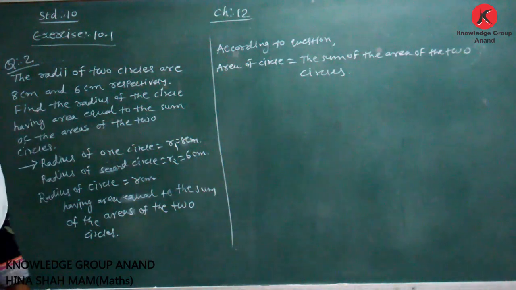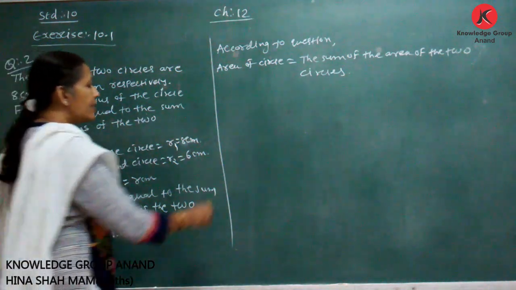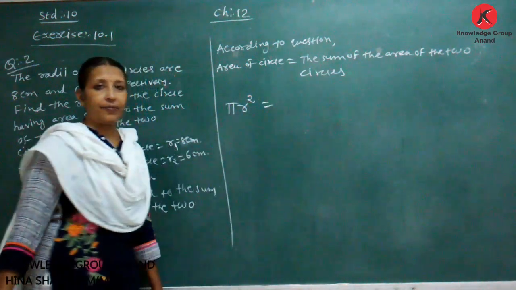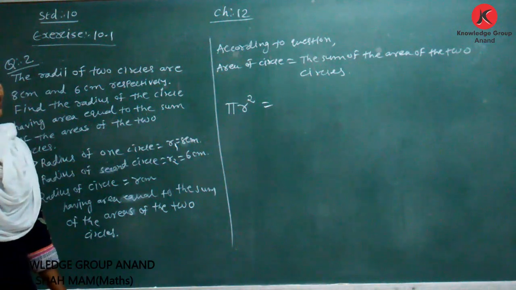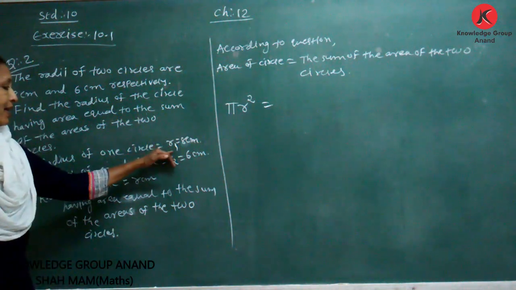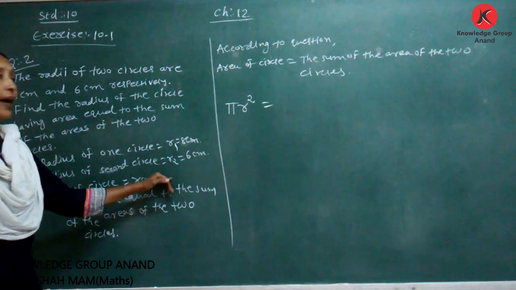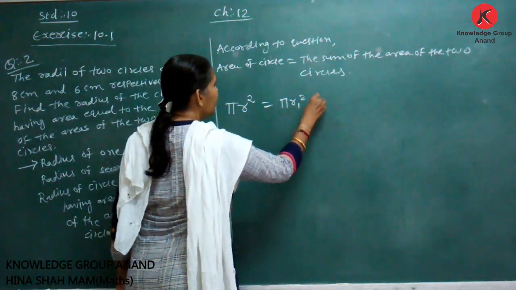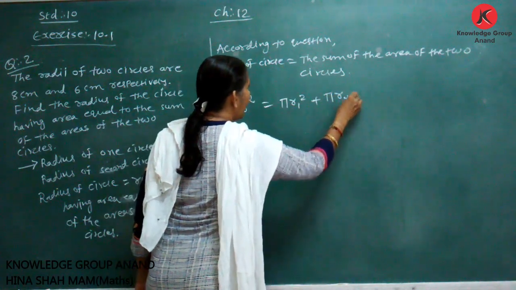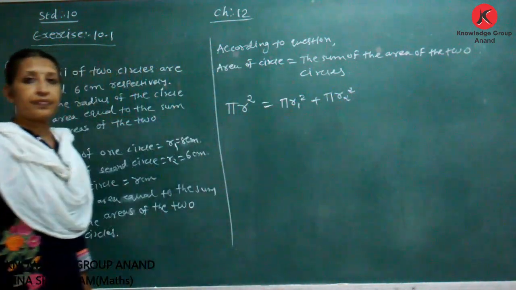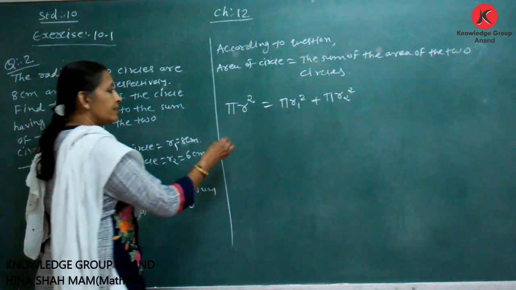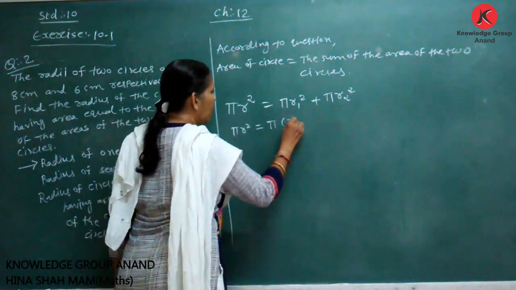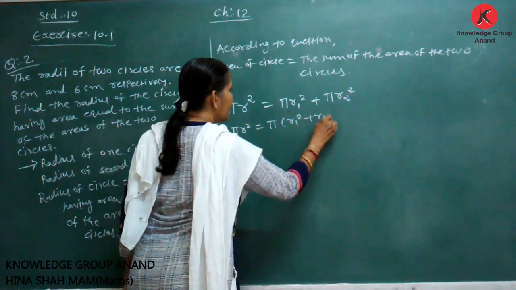Area of a circle, what is the formula? Pi r square. Yes, correct. Sum of the areas of the two circles which have radius r1 and r2: pi r1 square plus pi r2 square. Pi r square equals pi times r1 square plus r2 square.